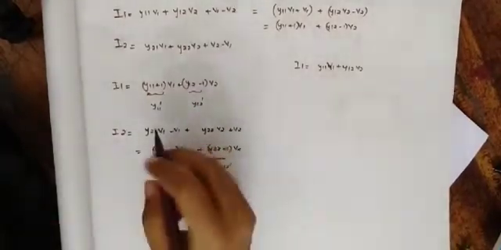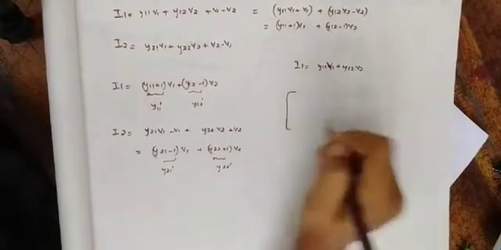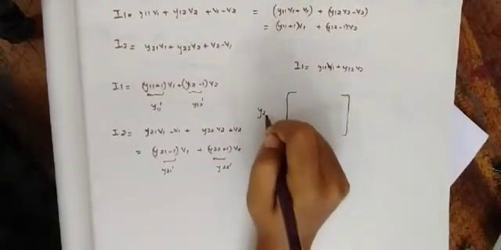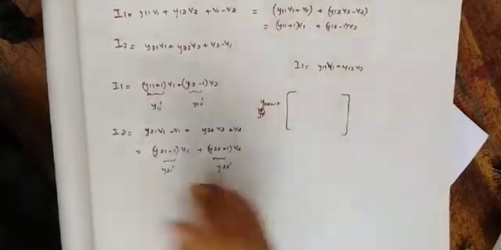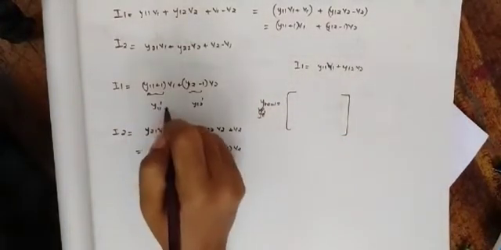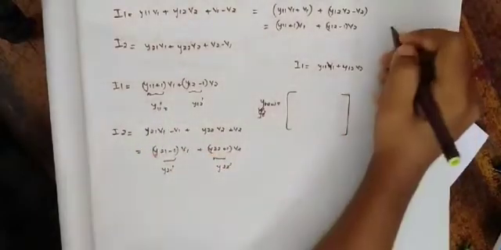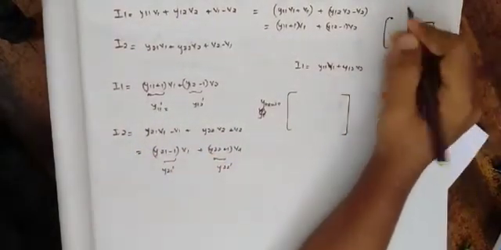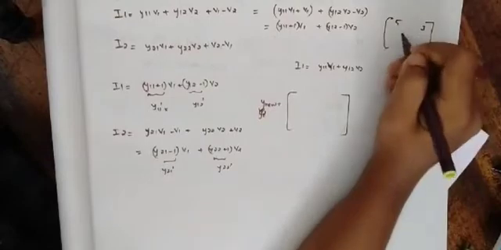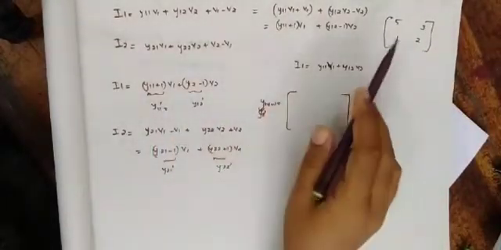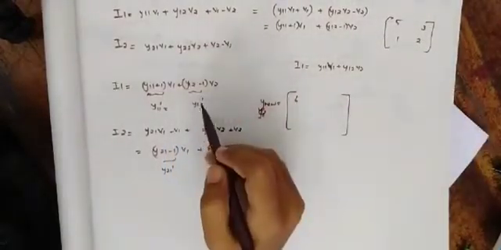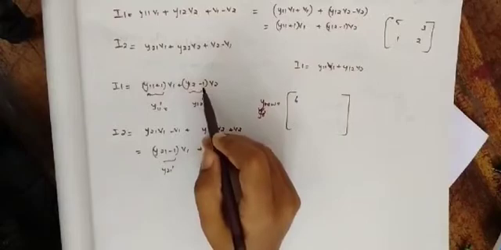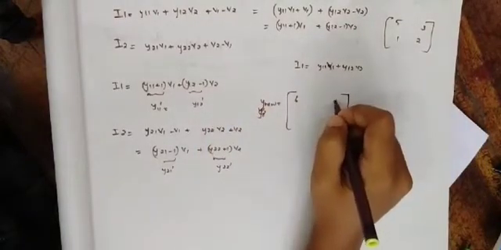So now Y new, Y11 dash. Our Y11 is given in the question, the matrix 5, 3, 1, 2. Our new Y11 dash is 5 plus 1, that is 6. And Y12 dash is Y12 minus 1, that is 3 minus 1, that is 2.